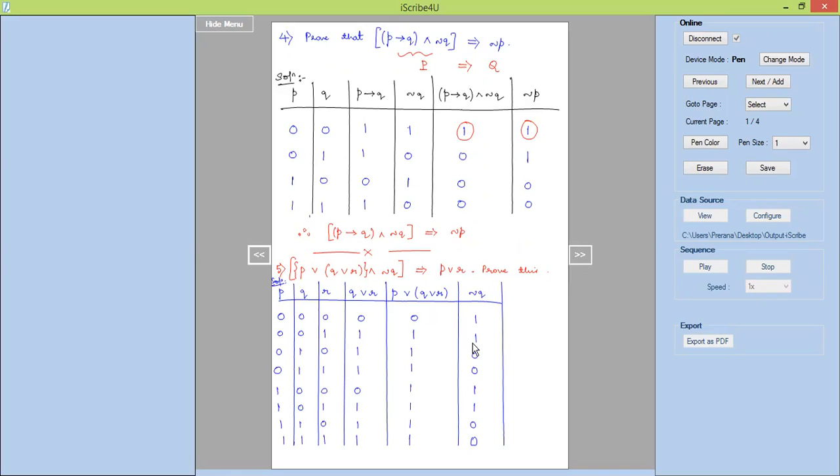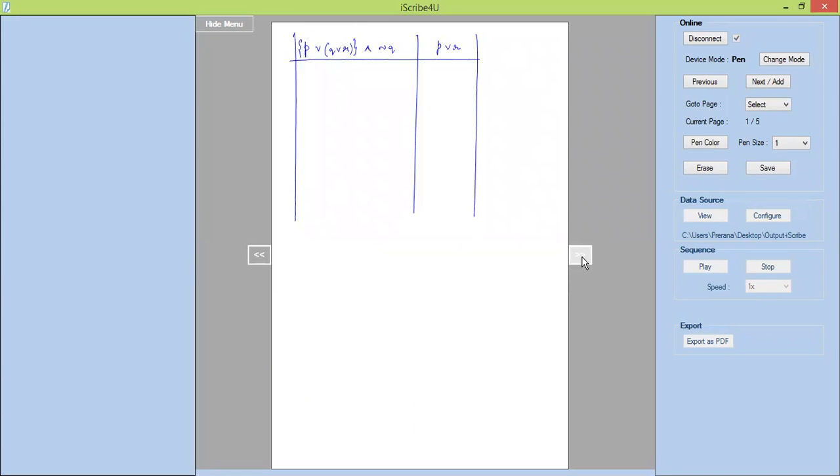That is, second row I can put it as 1, and then I can put it for the fifth and the sixth row. Correct? Rest all are zeros for us. Second, fifth, sixth are ones. Rest all are zeros.